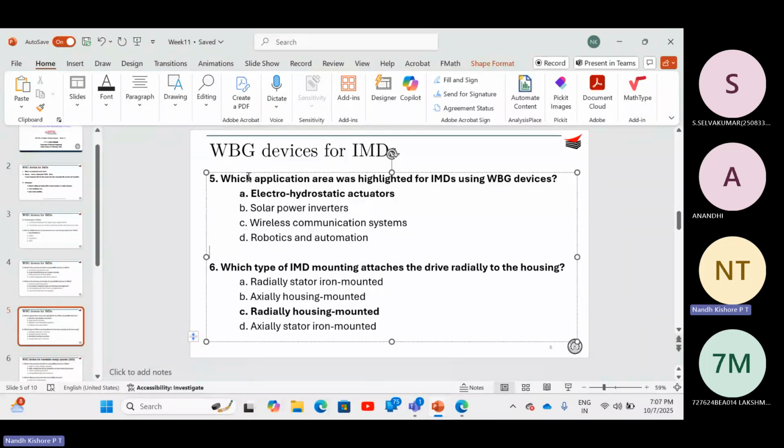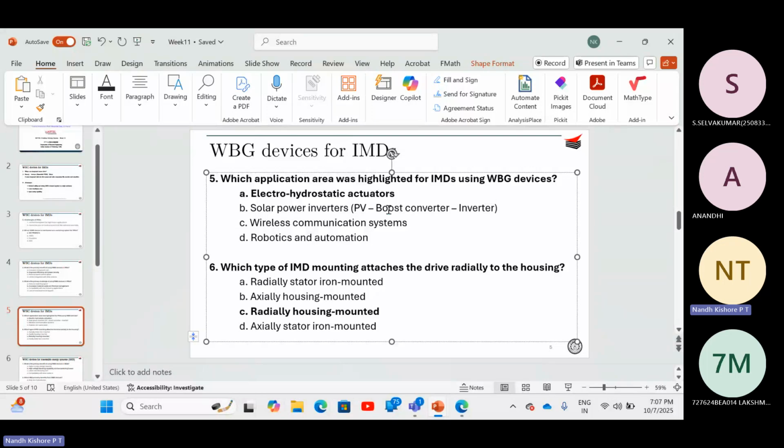So did you get it? Especially question number 5, IMD using WBG devices. If it is a motor drive, it means there has to be a motor, or in a sense electrical to mechanical or mechanical to electrical energy conversion, right? In solar power inverters, there is no moving mechanism, because there is just the PV, then a boost converter, and then an inverter.